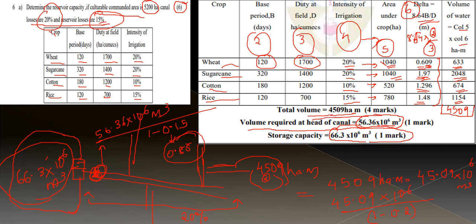If you found out up to the total volume, you'll be getting 4 marks, and if you find out the volume required at the head of the canal, you will be getting 1 more mark, and if you find out the storage capacity, you will be getting 1 more mark. So that is the mark division. So I hope you understand these two problems.